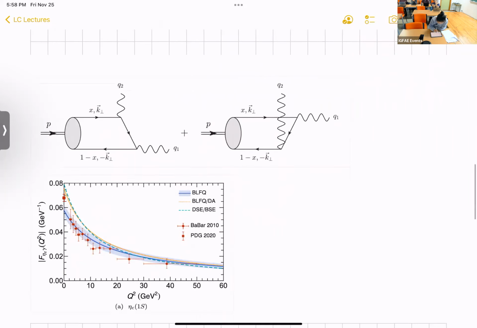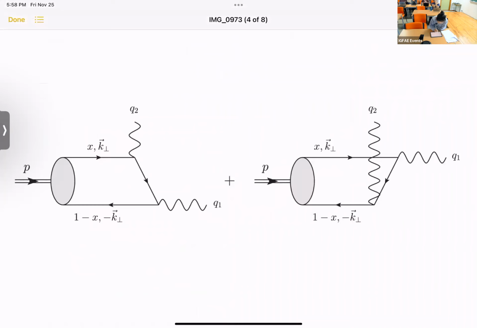The picture is very similar to the transition between a pseudoscalar meson and a vector meson, because the photon can be treated as a vector meson state, using the light-front wave function technique.